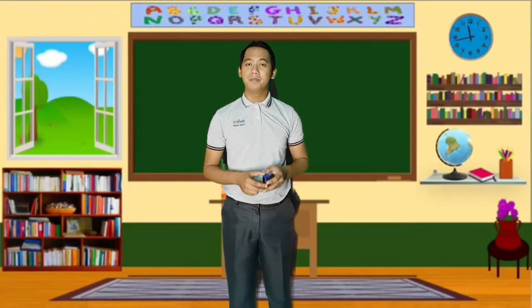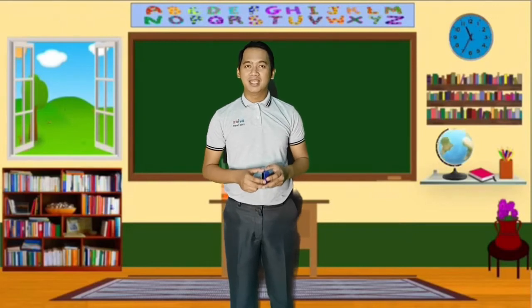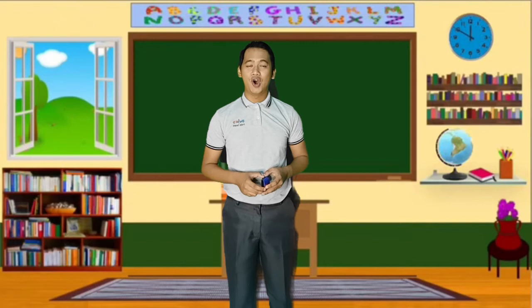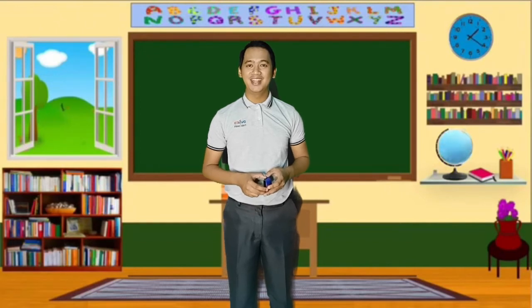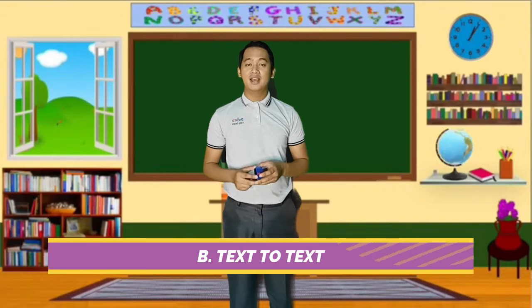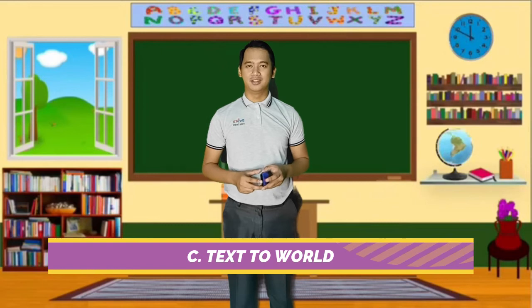This time, let's have an activity to help you engage more in our lesson on making connections. I'll be giving you some scenarios and you have to tell what connection is used. Just write the letter of your choice in your activity notes. A for text to self, B for text to text, and C for text to world.